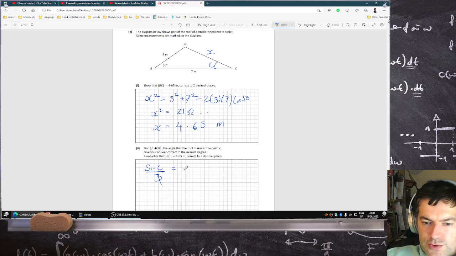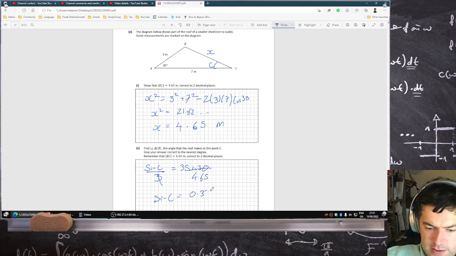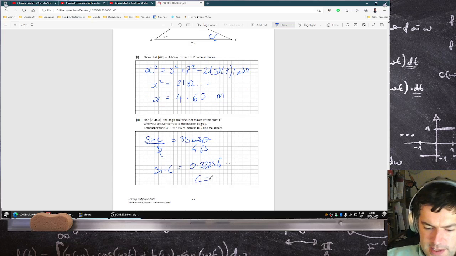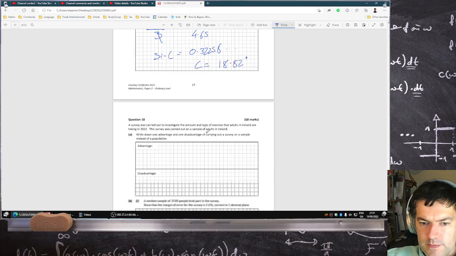Sine C over 3 equals sine 30 over x. Okay, and then I bring the 3 up. 3 sine 30 divided by 4.65, and I get sine C equals 0.32258. So to 2 decimal places, the C will be 18.82 degrees. Okay.